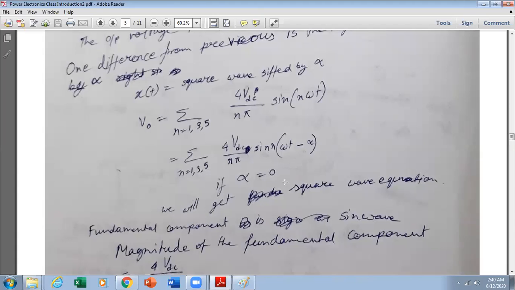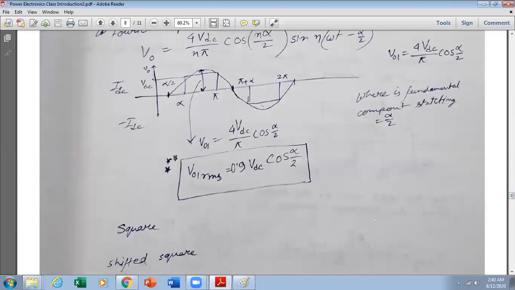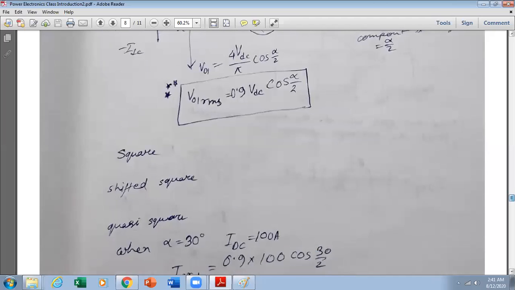And if alpha equals 0, then this will come. So here also 4 VDC by pi cos alpha by 2 is coming. This is the signal, and this is the fundamental component starting from alpha by 2. So this is similar for square wave, shifted square wave, and quasi-square wave.